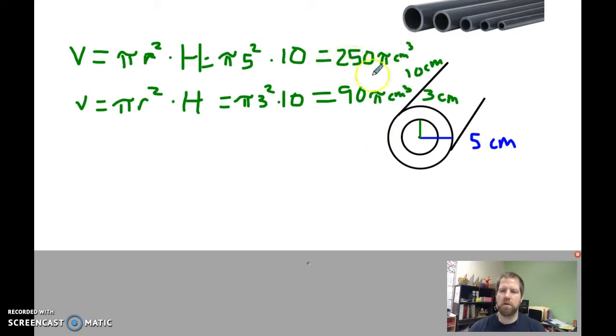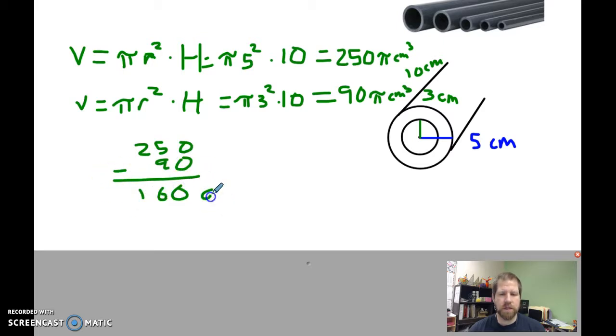Okay, so my total was 250, and then the inner part was 90, so I'm going to subtract that. 250 minus 90 should be 160 centimeters cubed. Okay, so that's how much actual steel I would use to make that pipe.